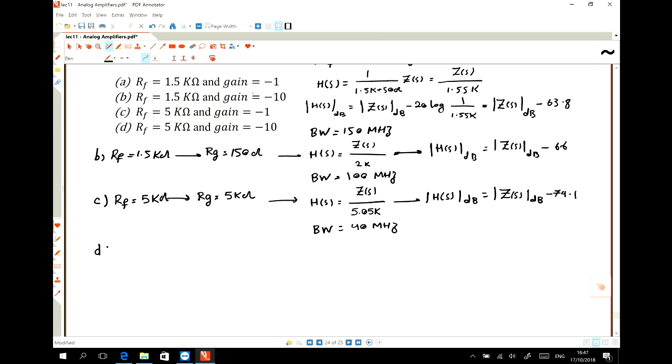And then in D, we can say that again RF is 5 kilo ohm and gain is -10, then RG equals 500 ohm, and HS equals this time ZS divided by, what's the value?